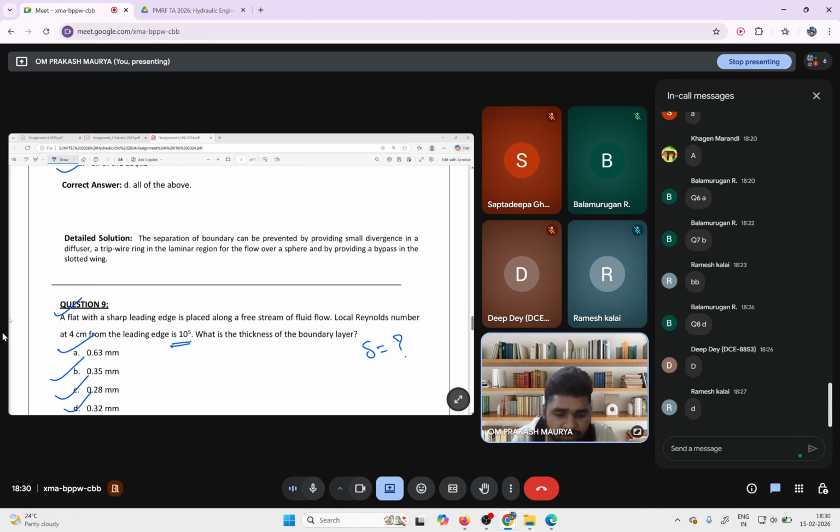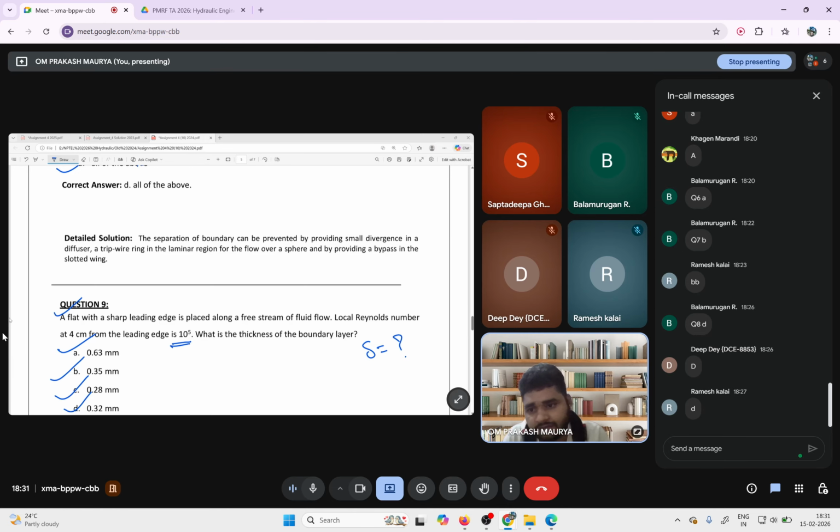So here you need to find out first, if your Reynolds number is equal to 10 to the power 5, at 4 centimeter, whether your boundary layer is laminar, in transition, or turbulent.